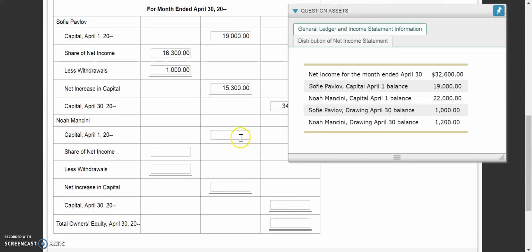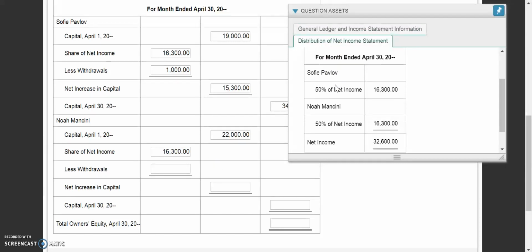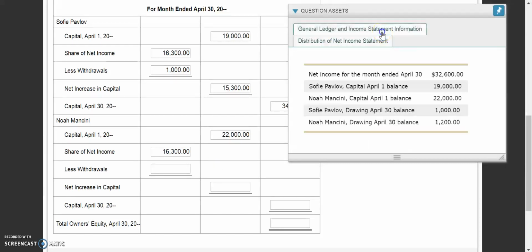Then we're going to come down here to Noah. So Noah's balance at the beginning of the month was 22,000. He also received the same amount of 16,300. Again, if you're not sure where I'm getting that, it's under the distribution of net income we did in step 1. Noah took out $1,200 over the course of April.